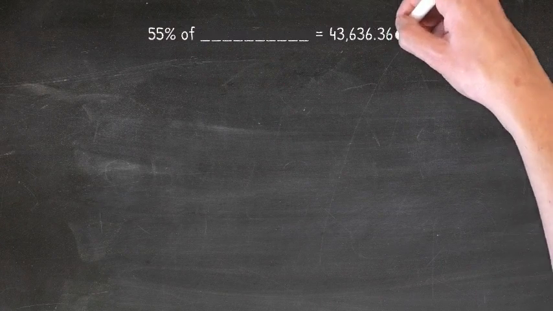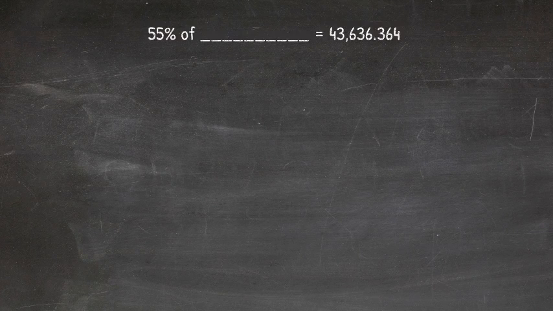Now we will use the assessed value to figure out the market value of the house. So we need 55% of something is equal to 43,636.364. Now, in the previous question, we didn't convert to the percentage per 100 until the final step. This time, let's do the calculation dealing with the per 100 percentage right away.